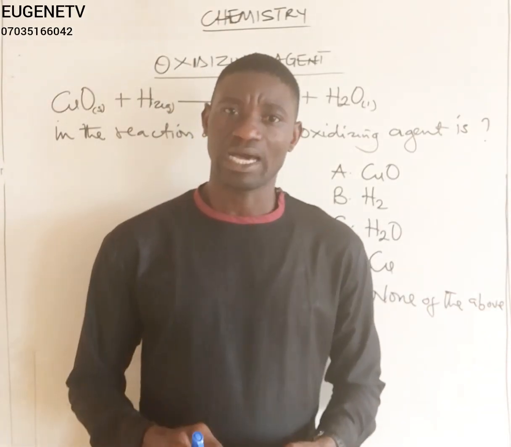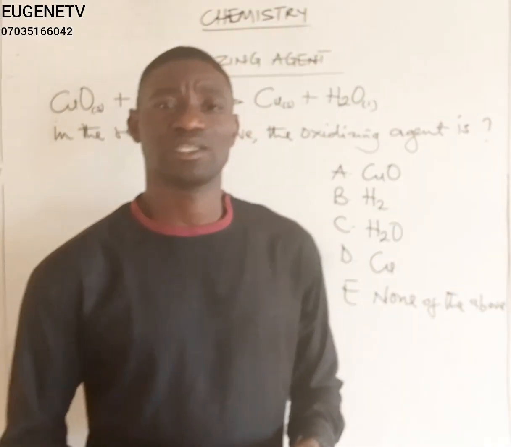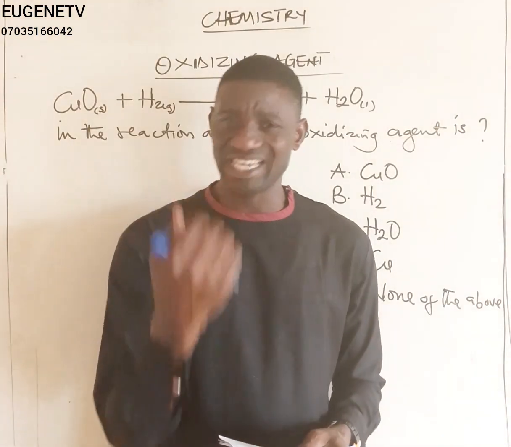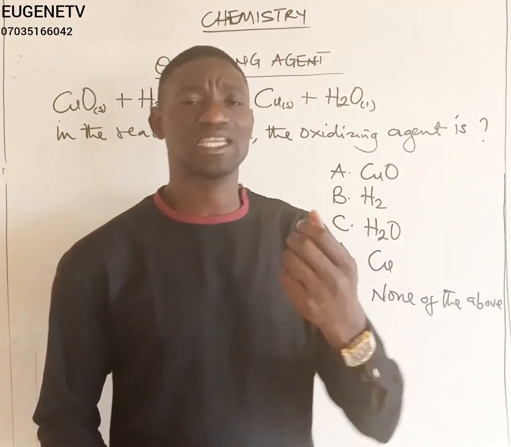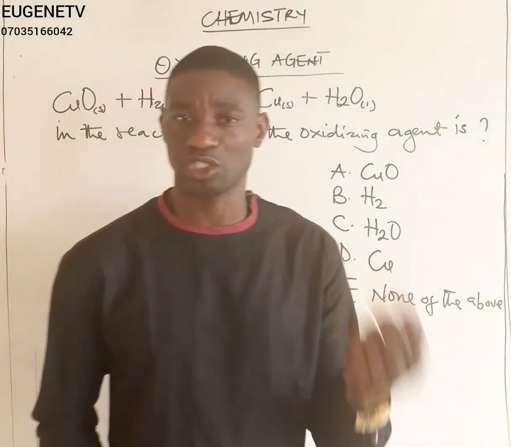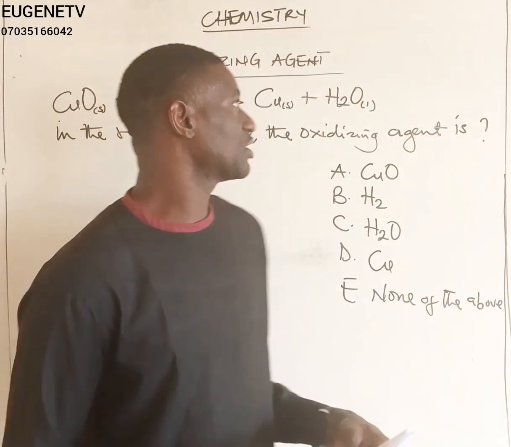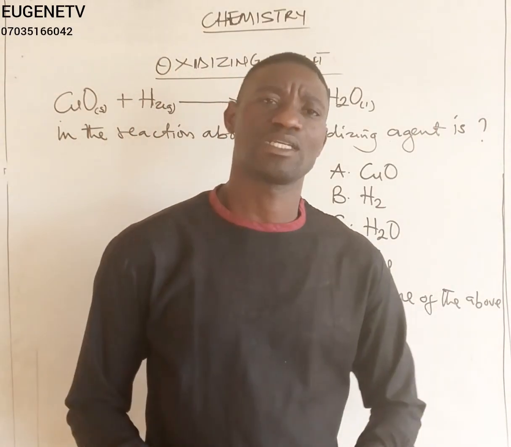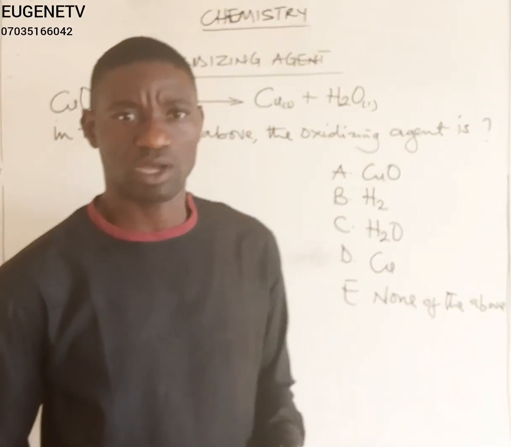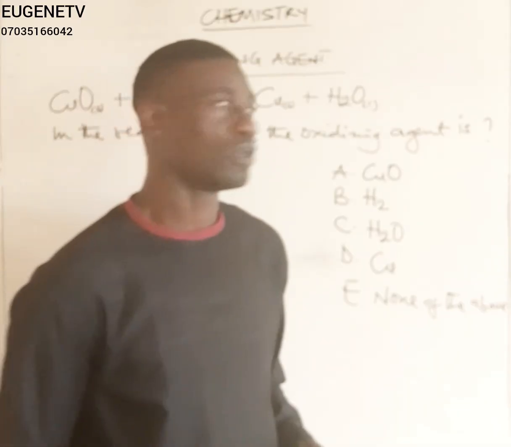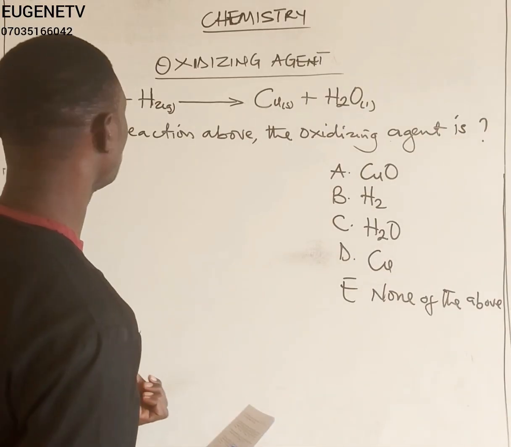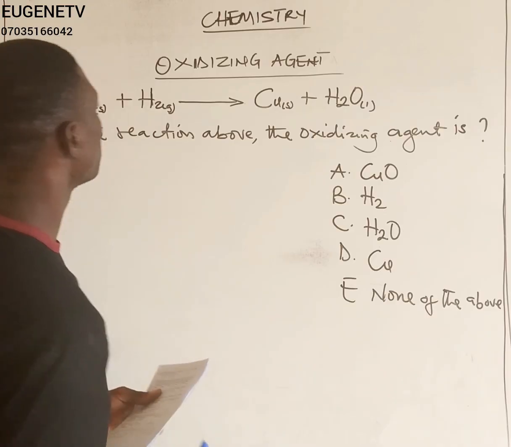Another way we can define oxidizing agent is that it is any chemical substance that can gain electron. So if a substance can gain electron, that means that it will undergo oxidation. Okay? And of course, if a substance can donate oxygen to another substance, that means that substance can undergo or has undergone oxidation. Okay, so the question says that we should identify the oxidizing agent in the equation above.